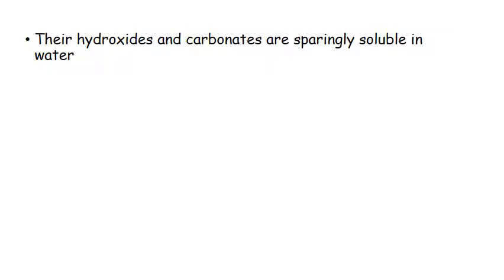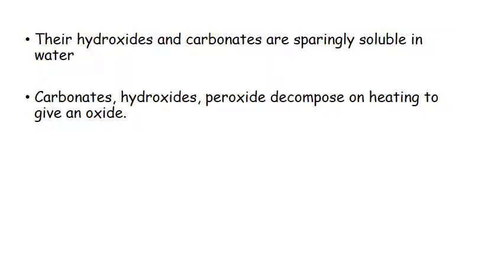But this time when it is lithium, they are sparingly soluble, so they are not so soluble. So they behave exactly like those ones of group 2, that is magnesium. Carbonates and hydroxides decompose on heating. And I want to look at this critically. I want to give just examples and a few of them.